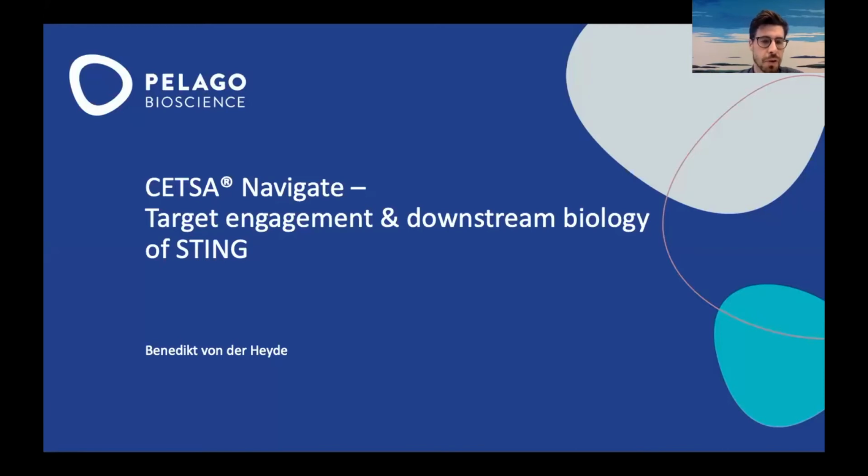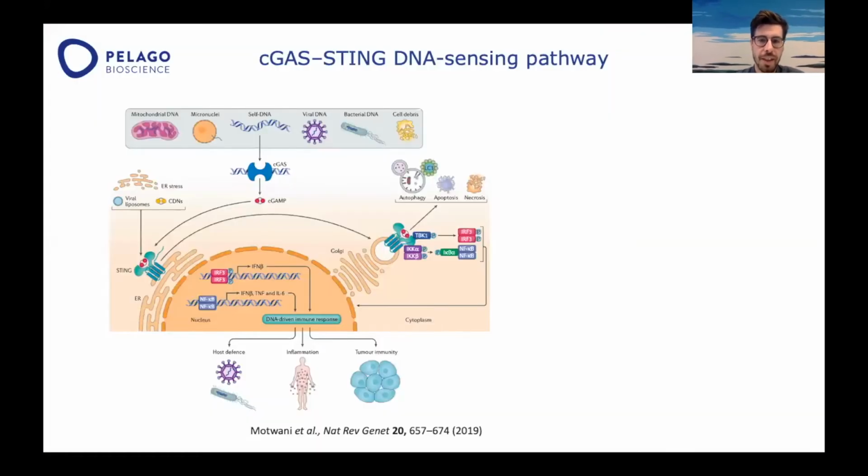In order to do that, let's start by having a look at the cGAS-STING DNA sensing pathway. To begin with, there are several stimuli that can trigger the activity of cyclic GMP-AMP synthase, abbreviated cGAS.